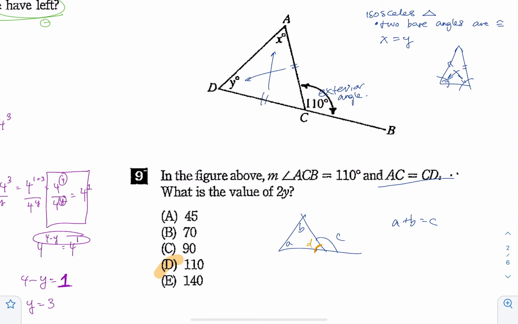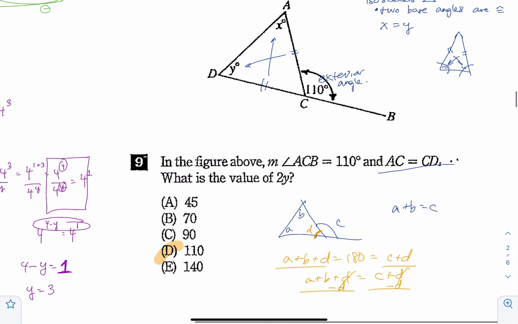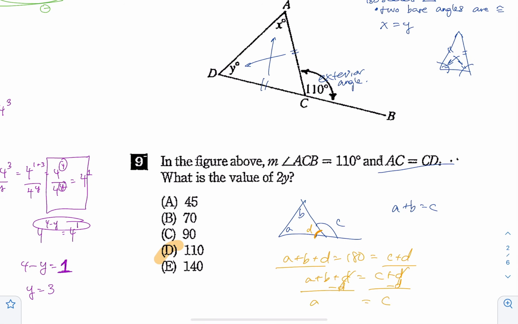If I call this angle D, A plus B plus D is equal to 180 degrees. But 180 is also equal to C plus D because they are supplementary. So that means that A plus B plus D is equal to C plus D. And here we subtract D from both sides. You get that C, the exterior angle, is equal to A plus B. That's always true.